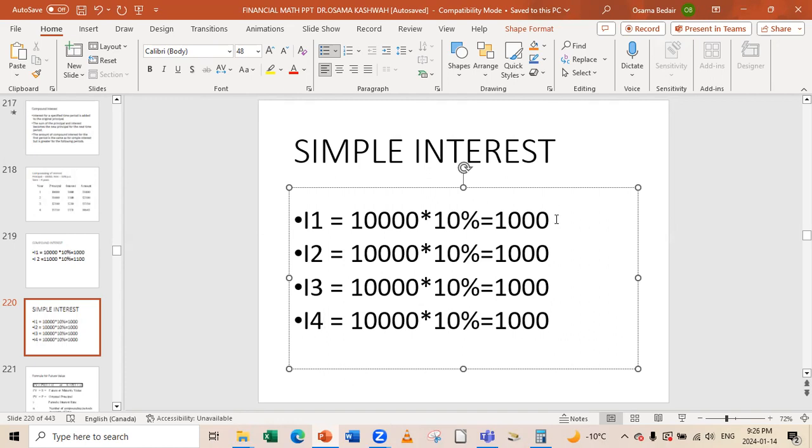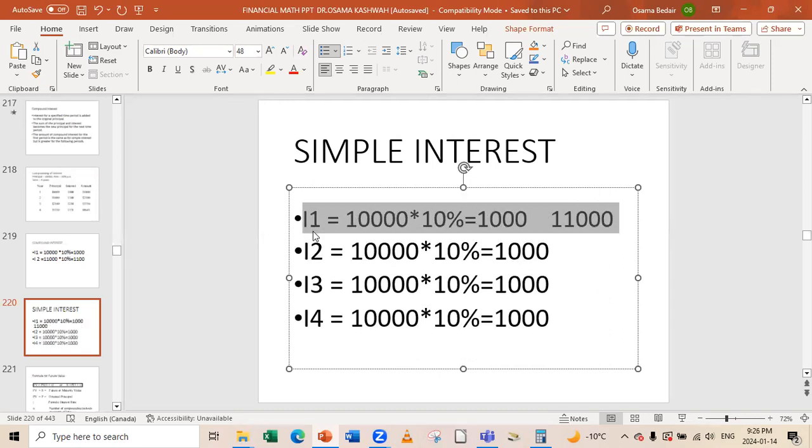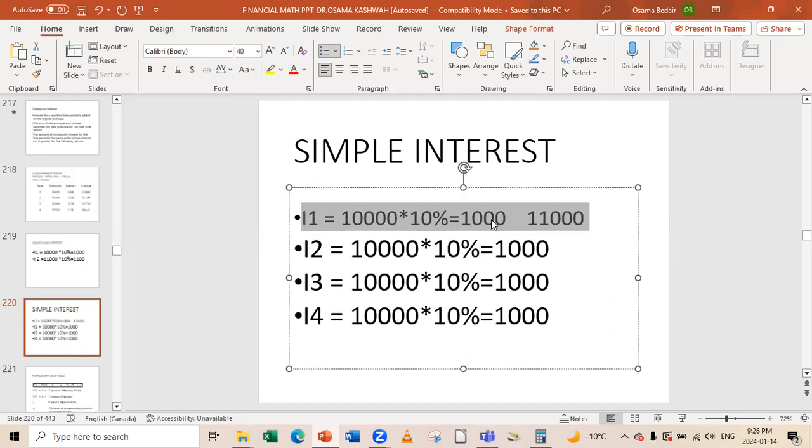So here the total amount will be 10,000 plus 1,000, that will equal 11,000. Let me enlarge the font a little bit, so it will come in one line. Then here also, that will equal 11,000.